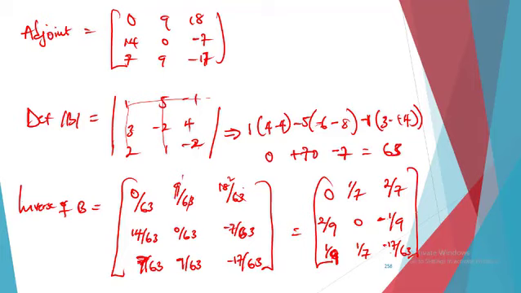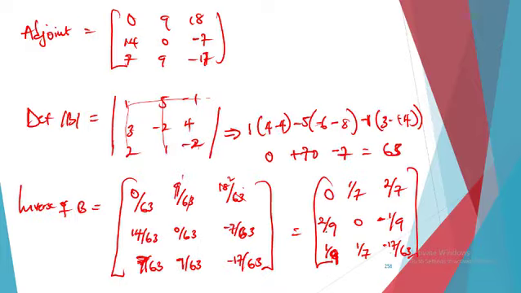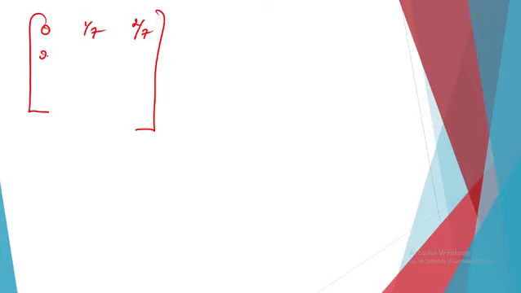Let us now solve for what? The multiplication. Let's now go over to the last step, which is multiplying the inverse by the constant at the right hand side of the equation. So let's write it down here. We have 0, 1 over 7, 2 over 7. We have 2 over 9.